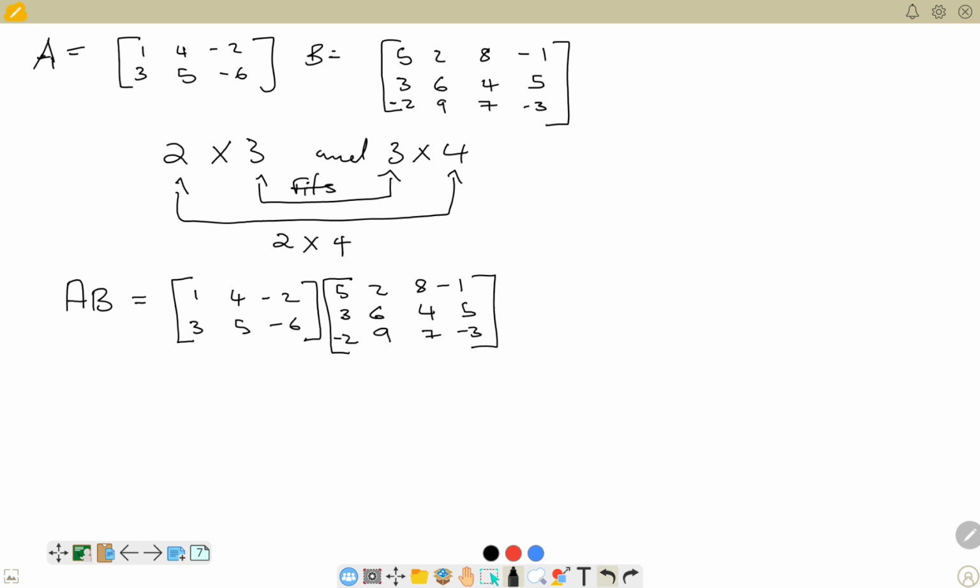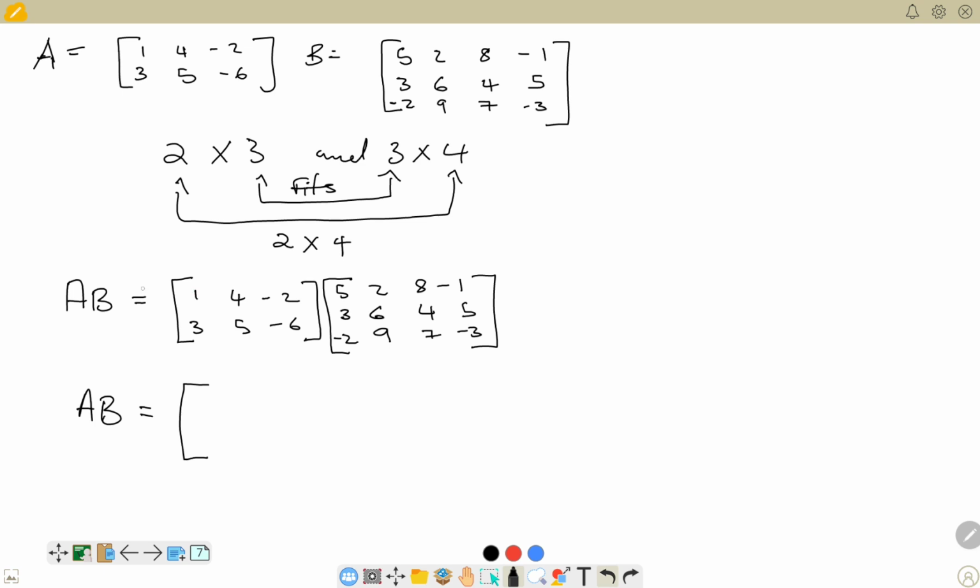What we can realize about matrices is that they are not very difficult, but because it's a pattern, it's very easy to make a mistake. I can see that I'm going to have 2 rows and 4 columns.